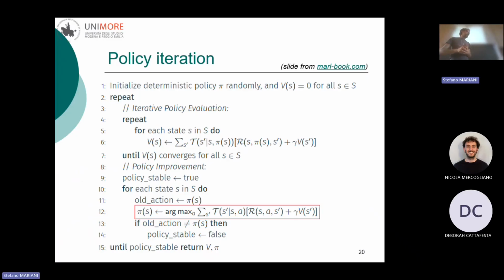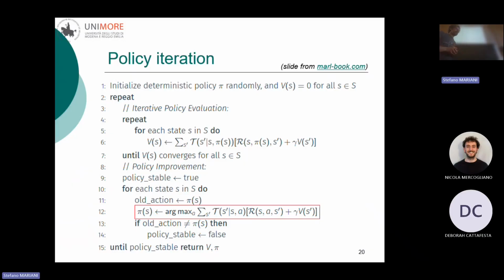Again, this is not a learning algorithm, but a general algorithm for policy iteration. So let's try to get at least an intuition of what it does. Initialize a policy. If we don't have any bias, heuristic, or information available, initialize the policy randomly.